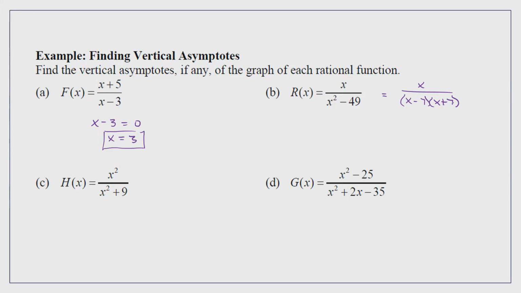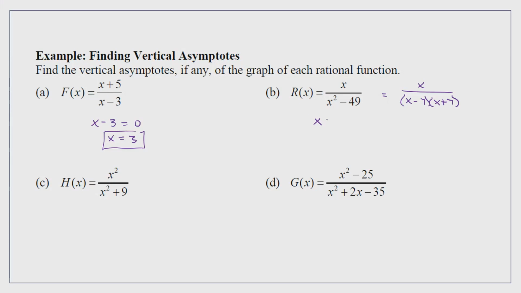Making sure that it's written in lowest terms, which it is, there are no factors that we can cancel. So we are going to set our denominator factors equal to 0.